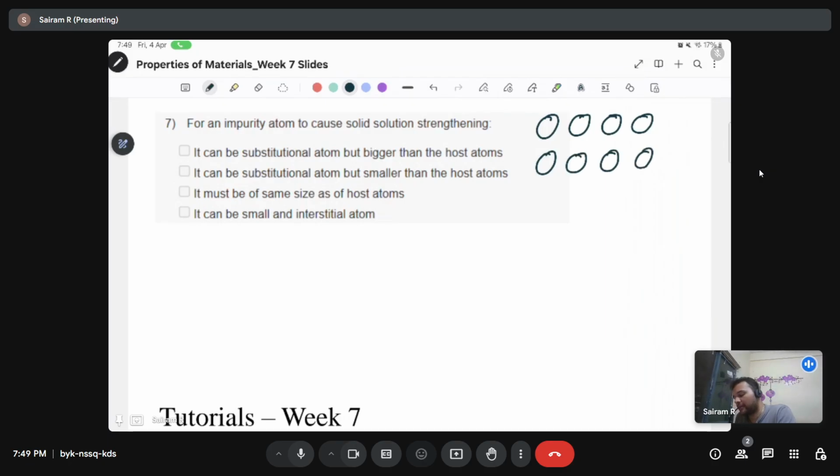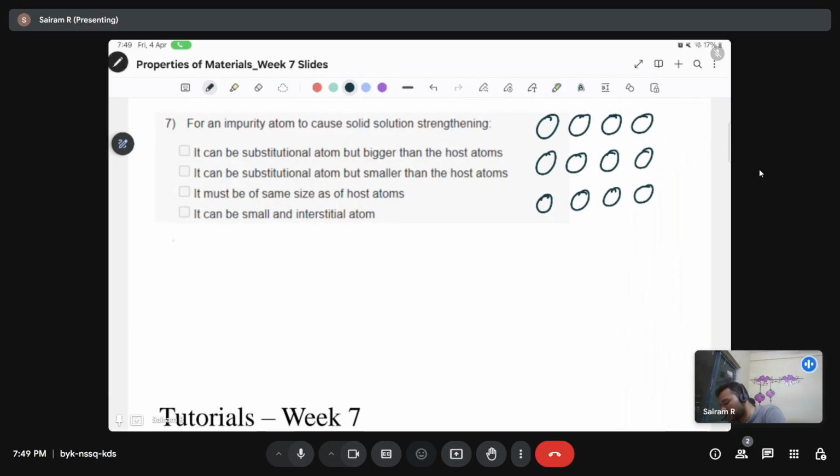Let's say we have a series of atoms of a material over here. Now, as we all know, in solid solutions, when we add an impurity atom or a dopant or an alloying element, it can be of two types.